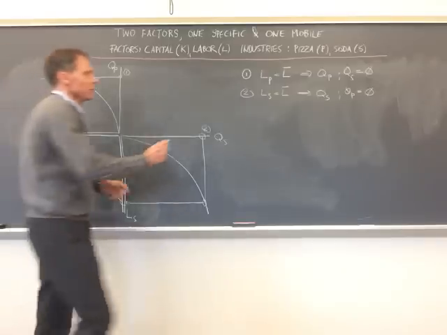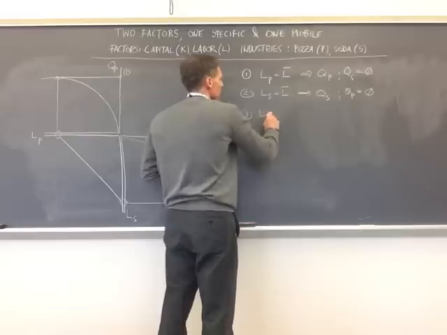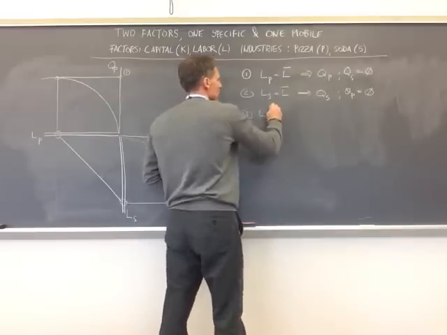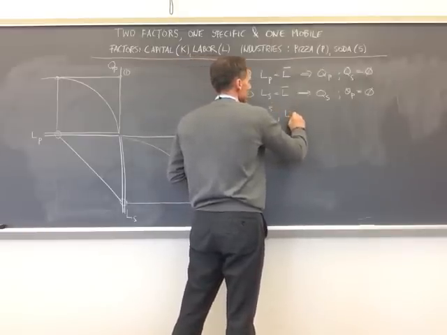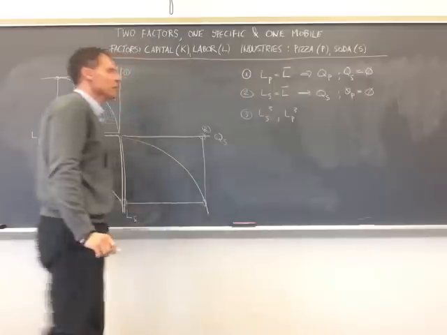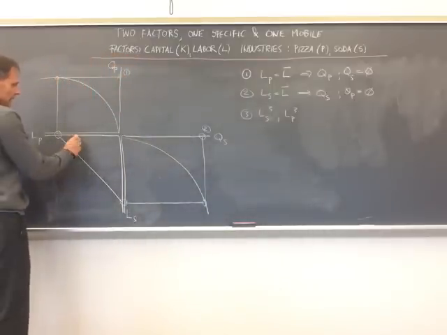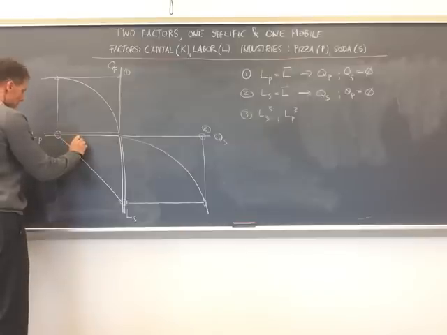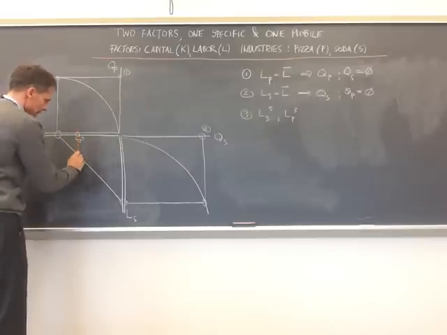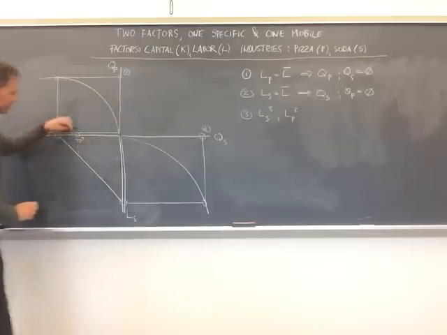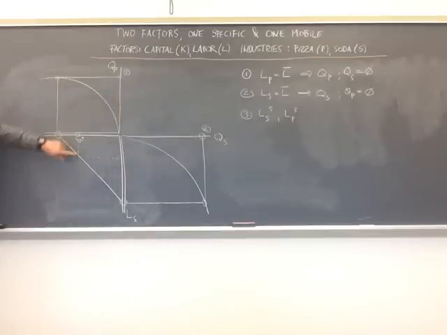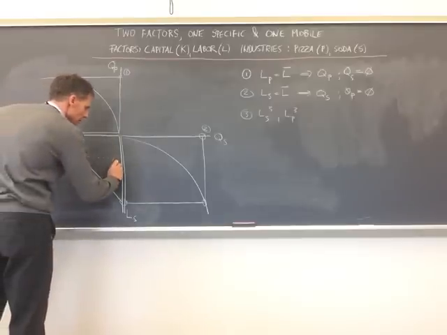And then, of course, I can just assume that there are some workers in the soda industry and some workers in the pizza industry, say, right here. So here's LP3. And if there's that many workers in the pizza industry, you can only have this many workers in the soda industry. So here's LS3.